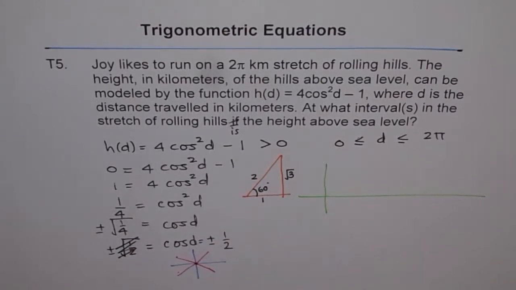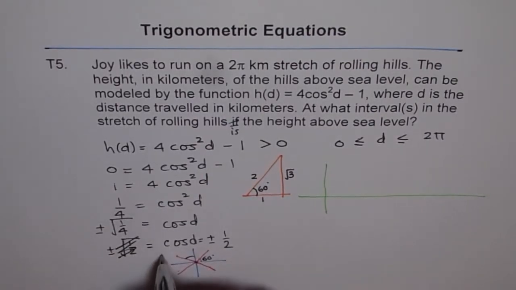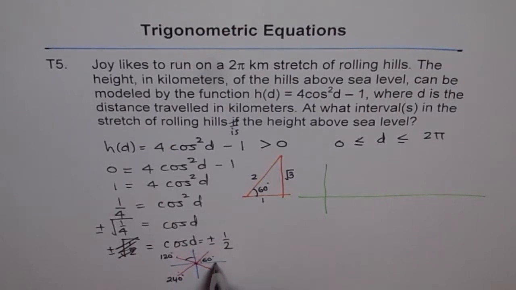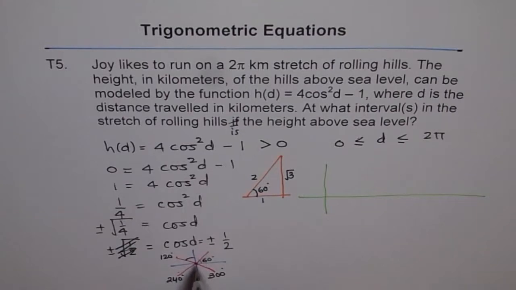So we have zeros at angle equals 60 degrees, and this is, let me write, 120 degrees. And then from here to here, 180 plus 60 will give us 240 degrees. And this one is 360 minus 60, which is 300 degrees. So at these degrees, we have 0, right? That means the height is the same as the sea level, correct?